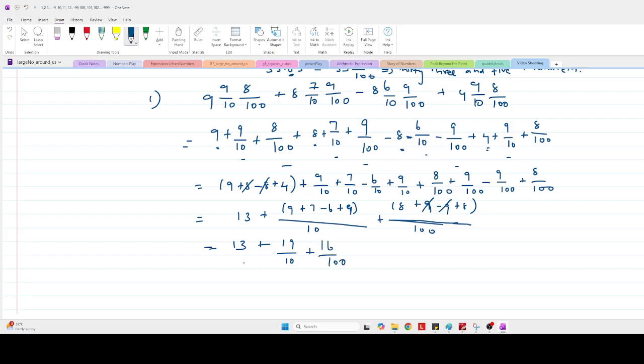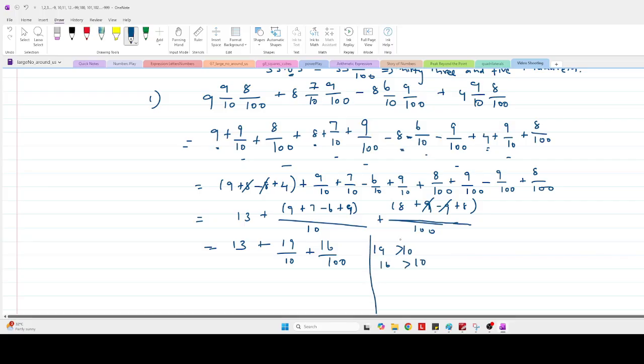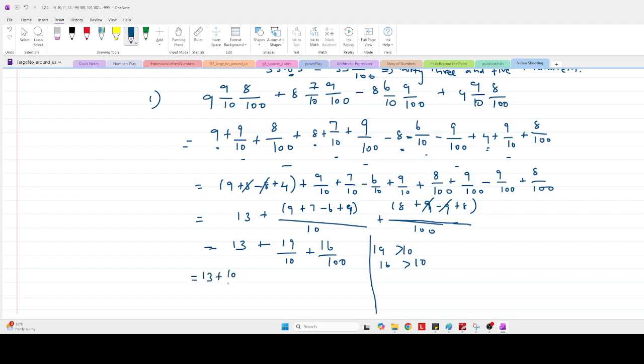Okay. So, 13 plus 19 by 10 plus 16 by 100. The number on top, if it is greater than 10, like 19 and 16, we need to split this number. How do we split? 13 plus 10 by 10, plus 9 by 10. We need to see that the number here should not be greater than 10.